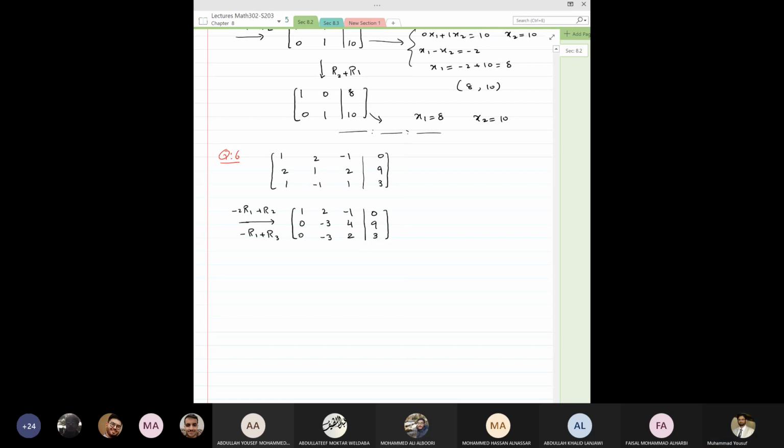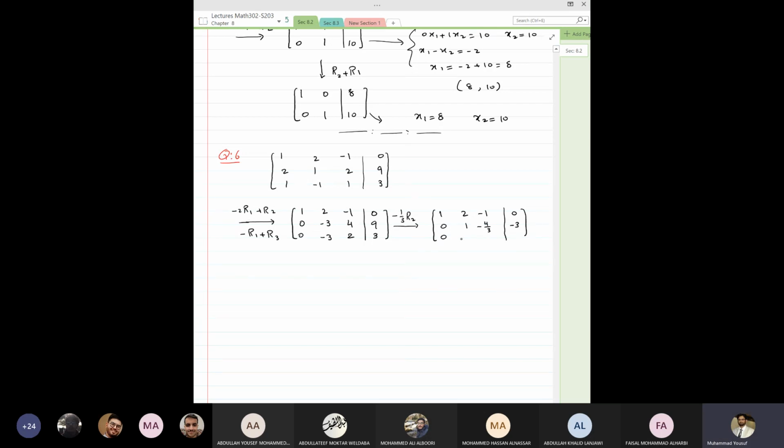Now, let us make the leading coefficient of row 2 equal to 1. Negative 1 over 3 row 2. And we can multiply any row by a constant. 1, 2, negative 1, 0. 0, 1, negative 4 over 3, negative 3, divide by negative 3.